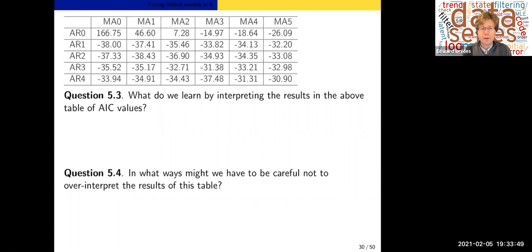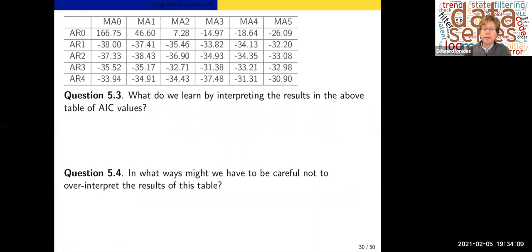Here we have the AR(p) on the rows and the MA(q) on the columns. And so, what do we learn from this table?